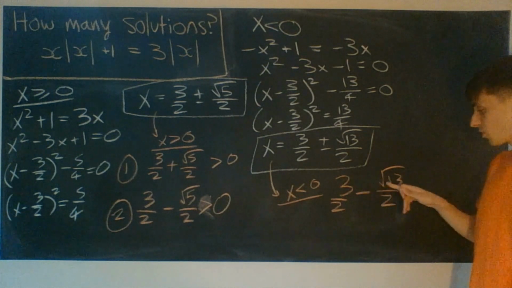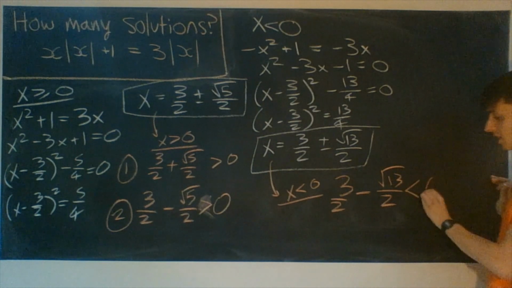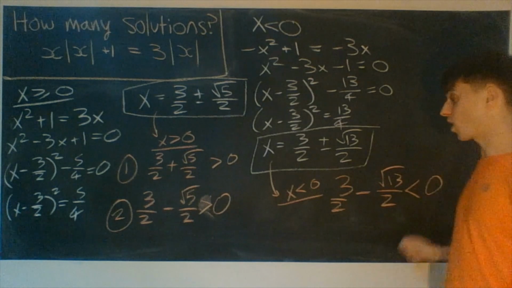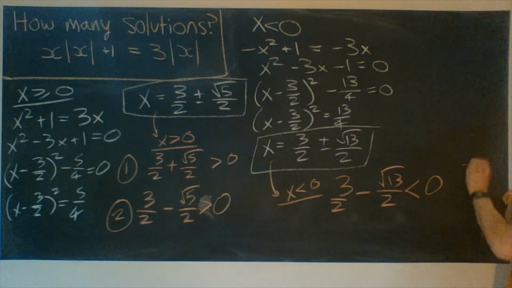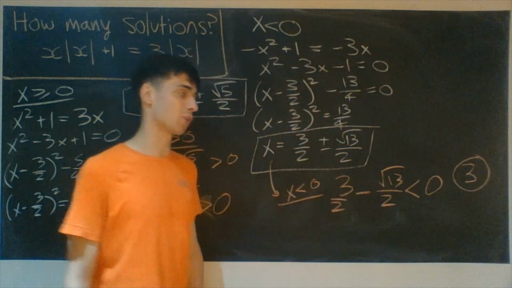So root 13 being bigger than 3 means that this is less than 0. That means that's one solution that actually works. So we've got a third solution to that equation.